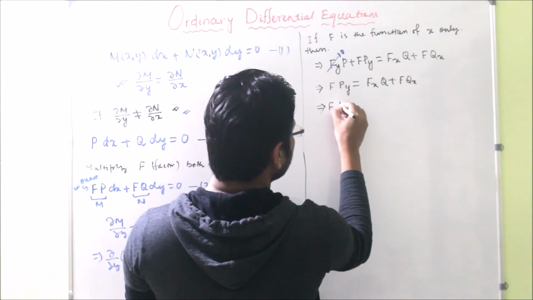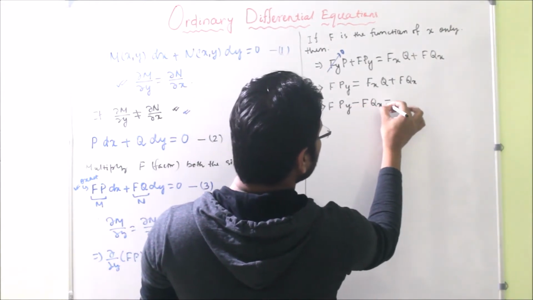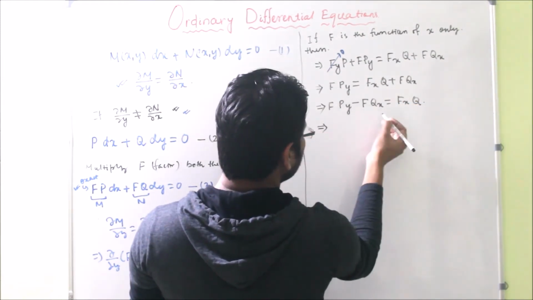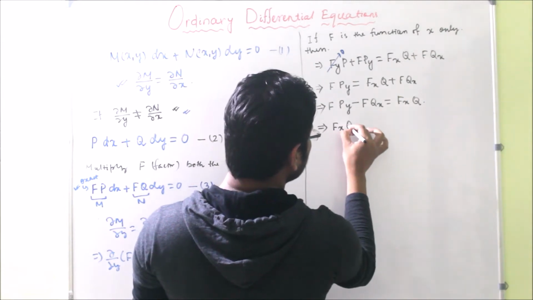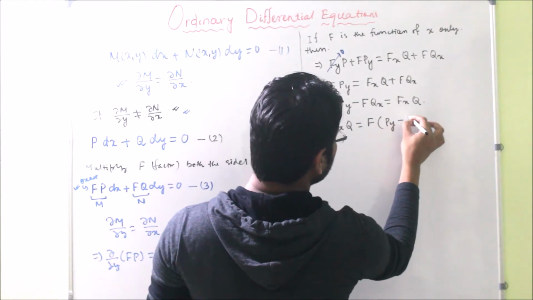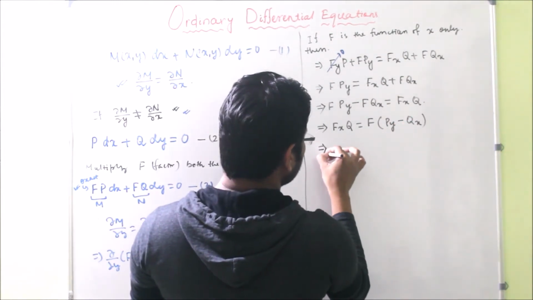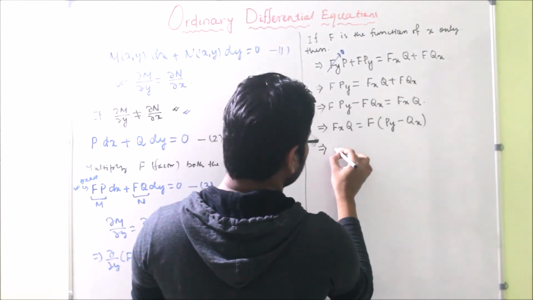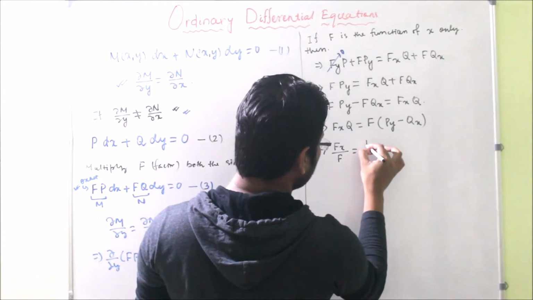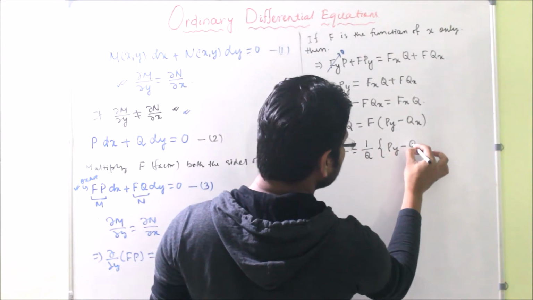So it will be f P_y minus f Q_x equal to f_x Q. So this again we can write it as f_x Q equal to f common, P_y minus Q_x. Now this again is equal to f_x by f equal to 1 by Q times (P_y minus Q_x).